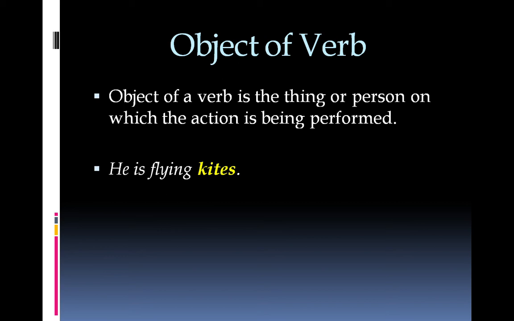It's the object of verb flying. And even if you look at the sentence directly and ask yourself, what is this action of flying being performed on? The answer will be kites. So it takes a little bit of common sense also to identify objects of verbs.